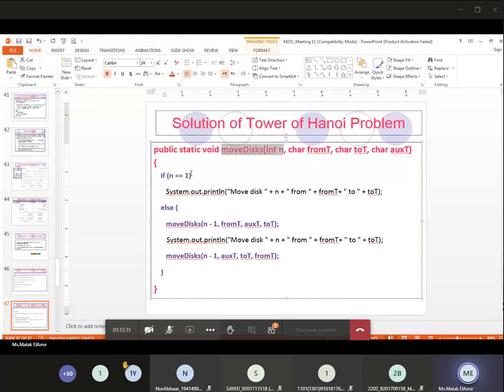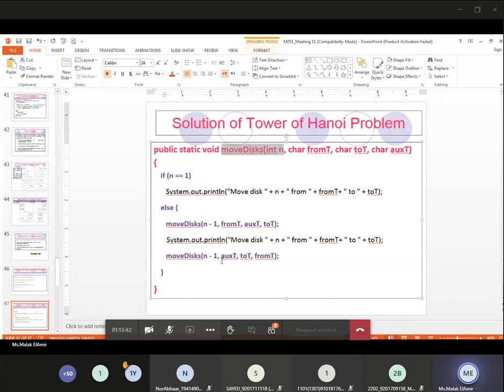If n is equal to 1, simply move from the first one to the second one. Else, I'm going to move n minus 1 disks from the tower to the assistant one, using the assistant one to the second one, and move n minus 1 disks from the assistant one back to the first one, or the first disk.